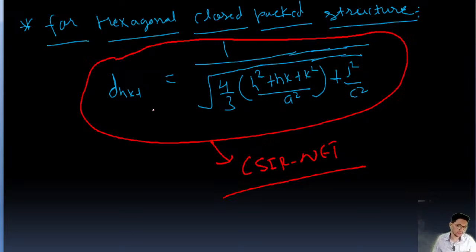You must know it. Next we are going to study planes in cubical crystal. I have already explained the different types of plane in my previous lecture.